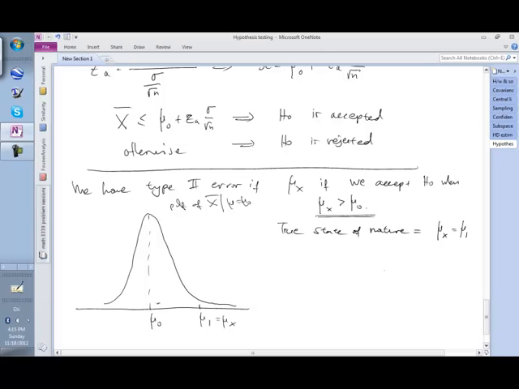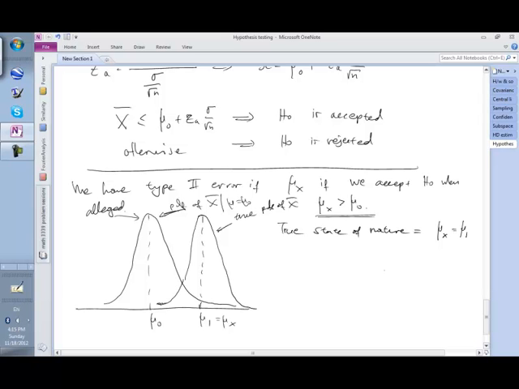And now here is where the true PDF of x bar is. So that's the true PDF of x bar. This one here is the alleged PDF.